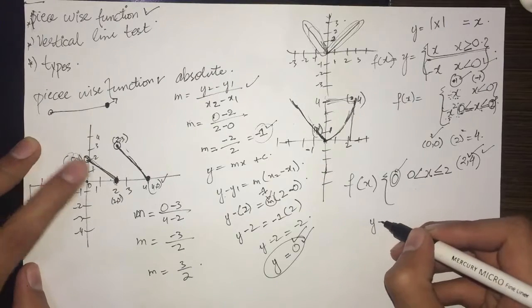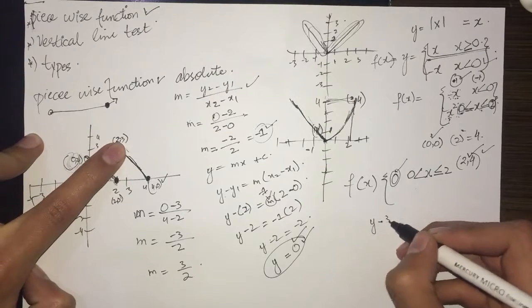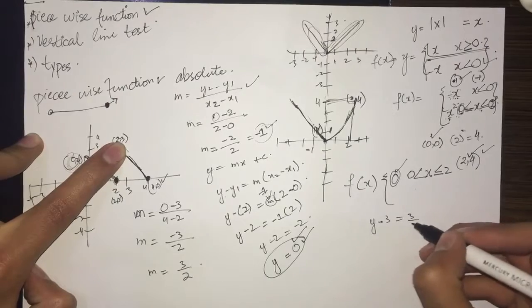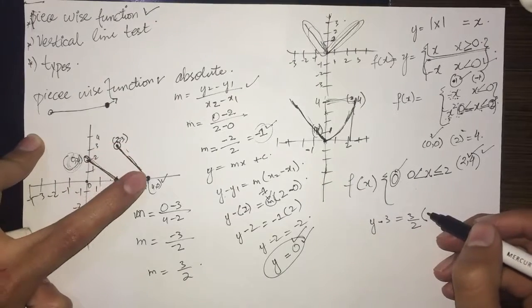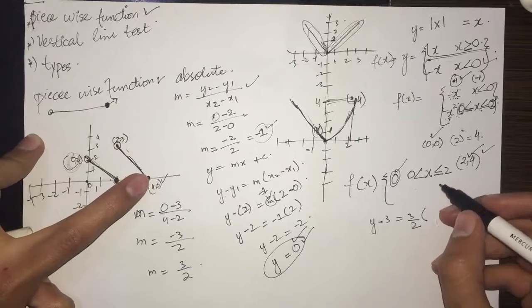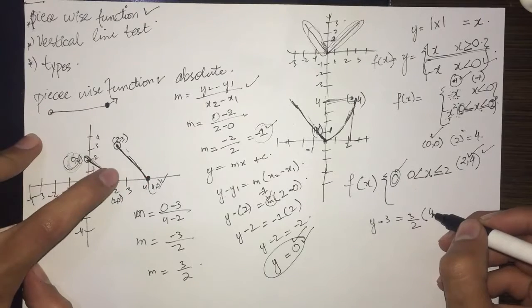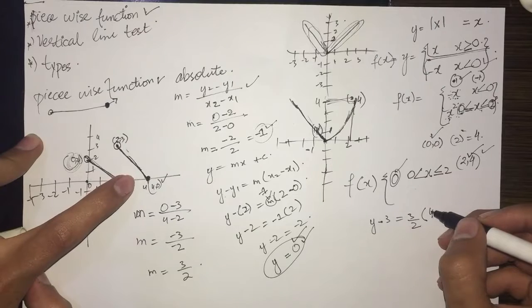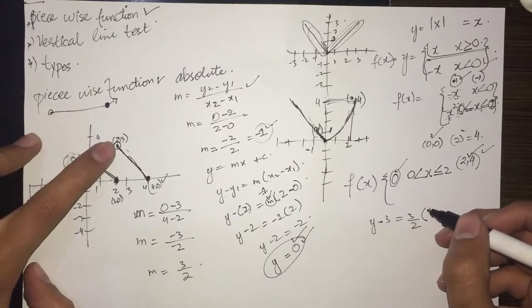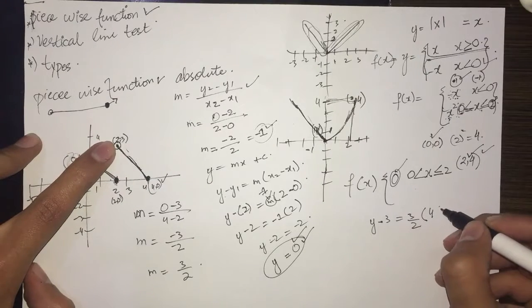So y minus y1, where y1 is 3, equals m, which is 3 by 2, times x2 minus x1, where x2 is 4 and x1 is 2.